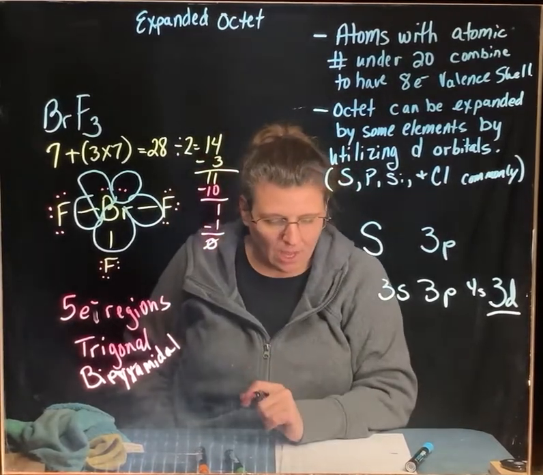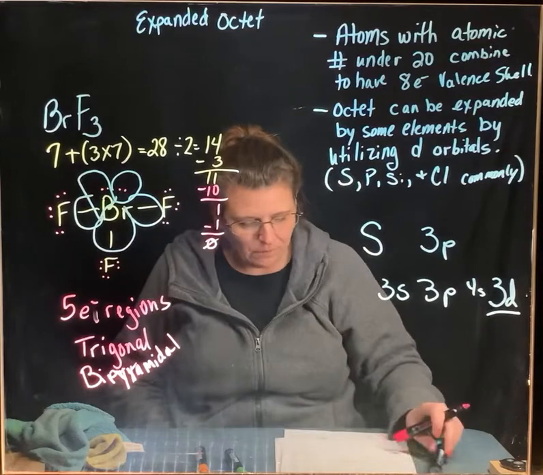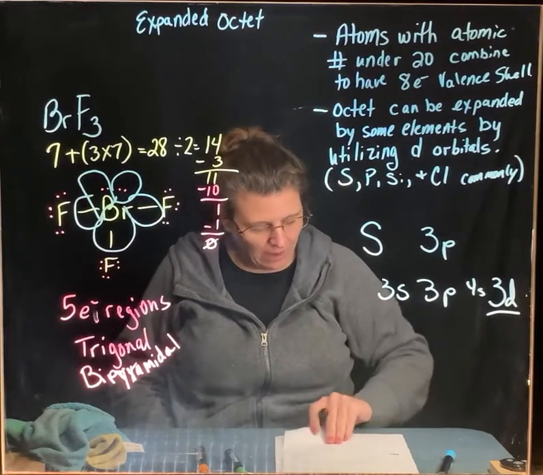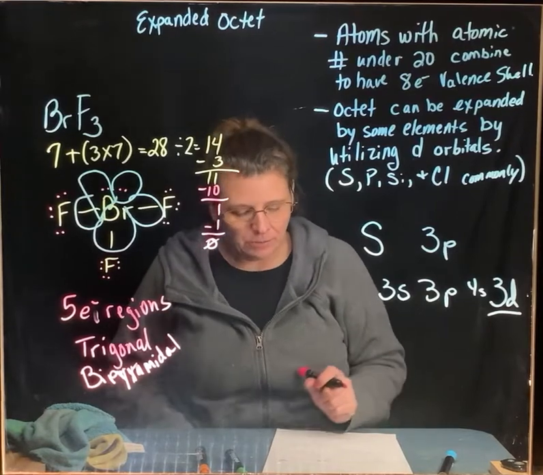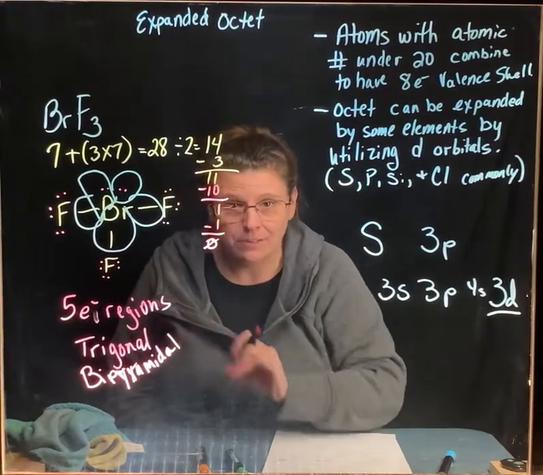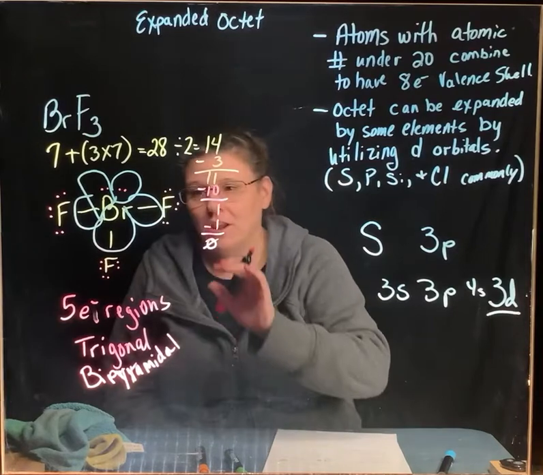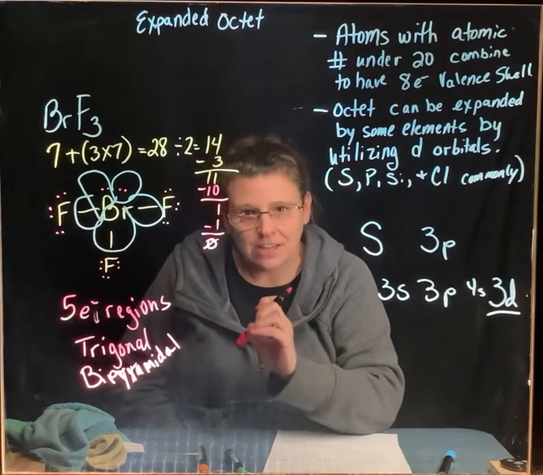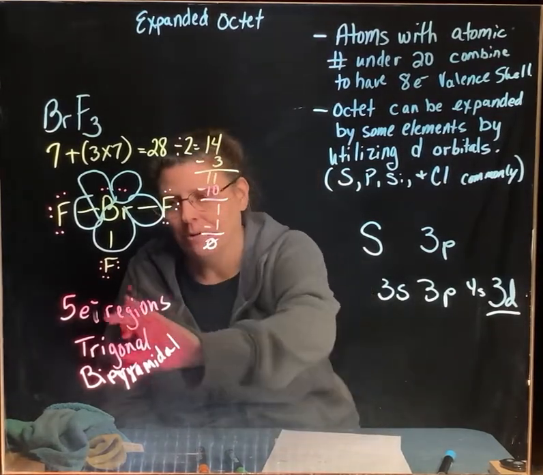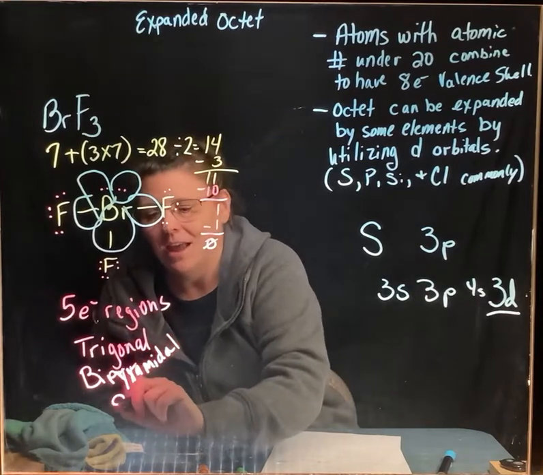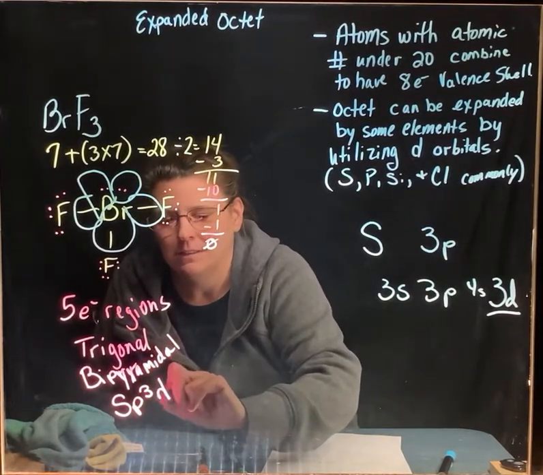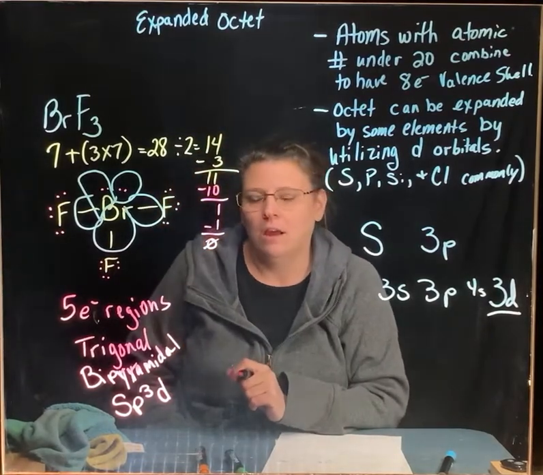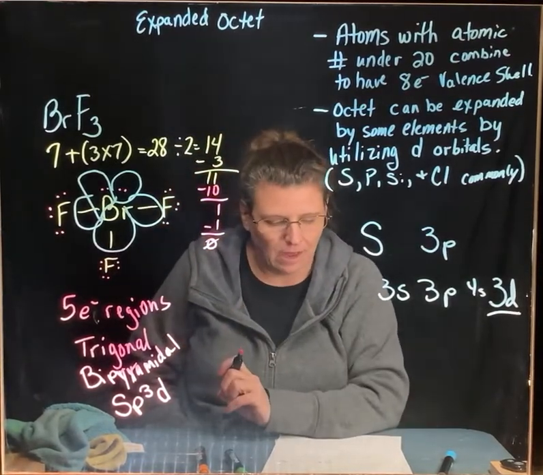When you have trigonal bipyramidal, there's something else we need to know. It has a hybridization. You don't have to actually figure this out, you just need to memorize that trigonal bipyramidal has an sp3d hybridization.